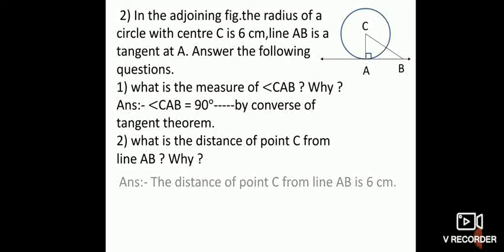The distance of point C from line AB is equal to the perpendicular distance, and the perpendicular distance of point C from line AB is the radius of the circle. The radius of the circle is 6 cm. Therefore, the distance of point C from line AB is 6 cm.